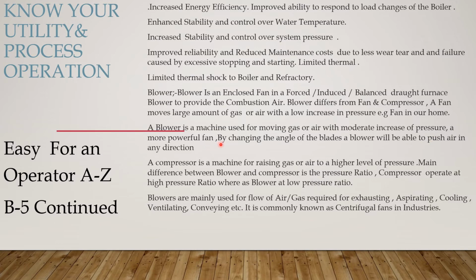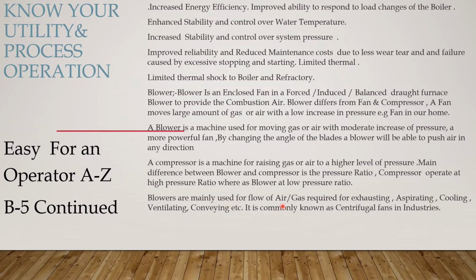A more powerful fan, by changing the angle of the blades, a blower will be able to push air in any direction. A compressor is a machine for raising gas or air to a higher level of pressure. The main difference between a blower and a compressor is the pressure ratio. A compressor operates at a high pressure ratio, whereas a blower at a low pressure ratio.